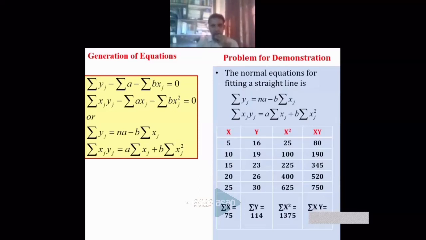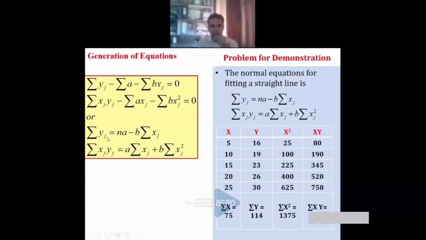Now, these are the equations which we had just arrived at: sigma yj, a, sigma bj equal to 0, and xj yj minus a xj and b xj. So these are the equations we have just derived. Perhaps we can condense these equations a little more. Sigma yj, let it remain the same.